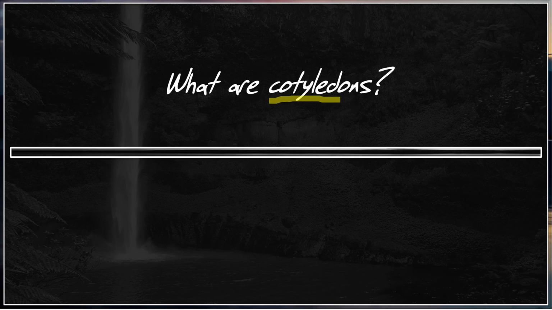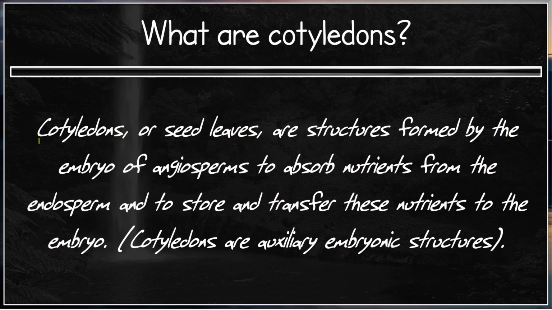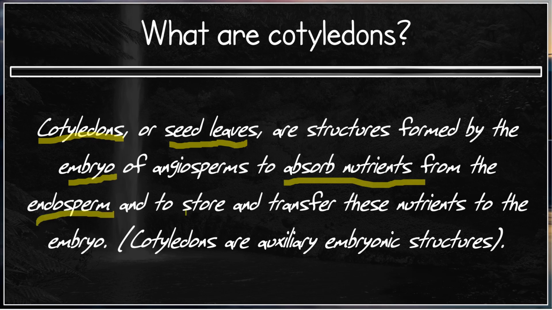What are cotyledons? Cotyledons, or seed leaves, are structures formed by the embryo of angiosperms to absorb nutrients from the endosperm and store and transfer these nutrients to the embryo.